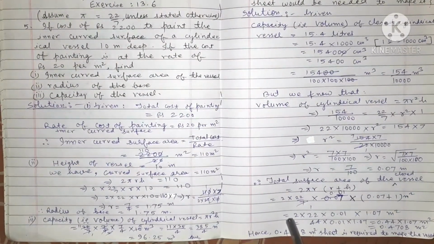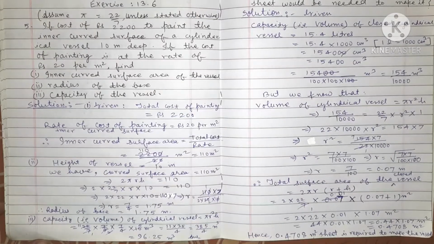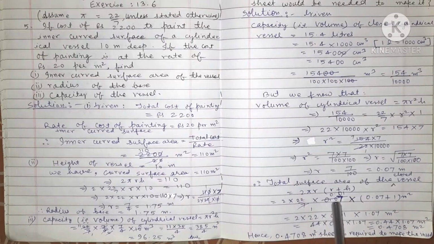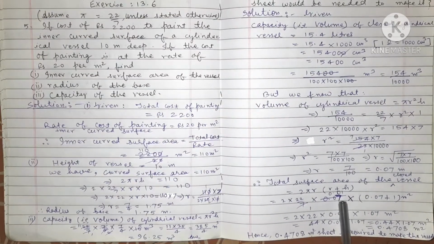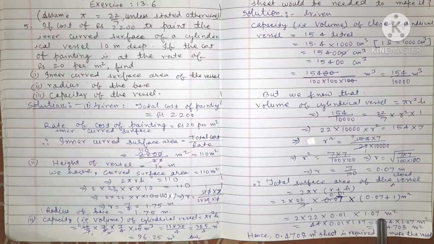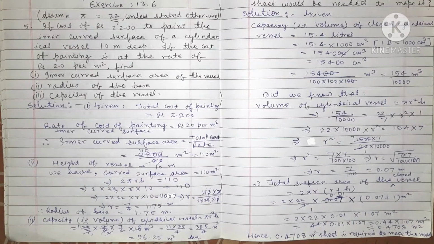This equals 2 into 22. Here 7 1s are 7, 7 0.01s are 0.07. So we write 2 into 22 into 0.01 into 1.07 meter square.